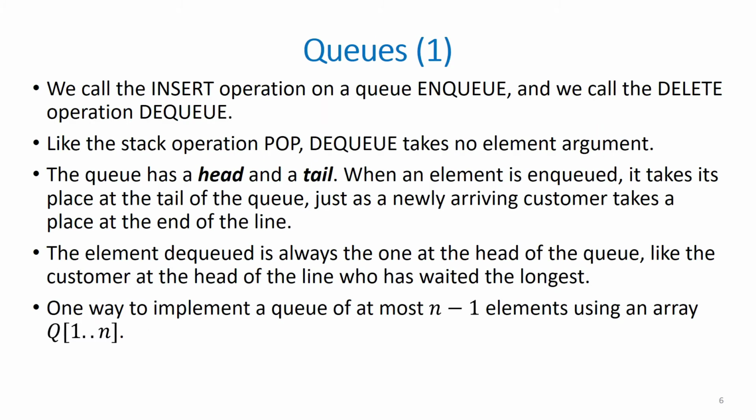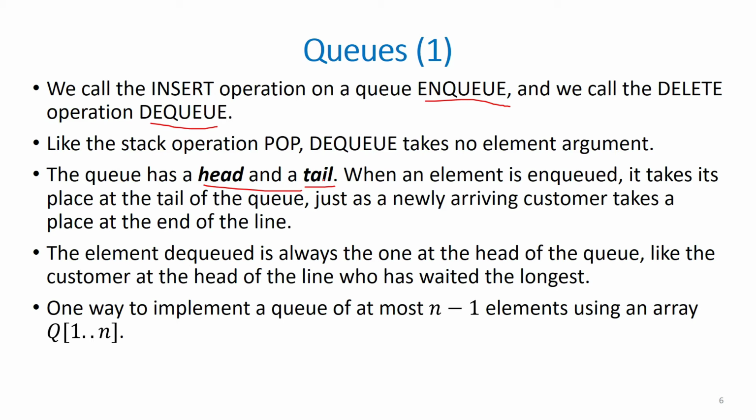In queues, we call the insert operation enqueue and the delete operation dequeue. We use 2 pointers here to indicate the head and tail of the queue. When we enqueue a new element, it is placed at the tail of the queue, just like normal queues that you see at KFC.